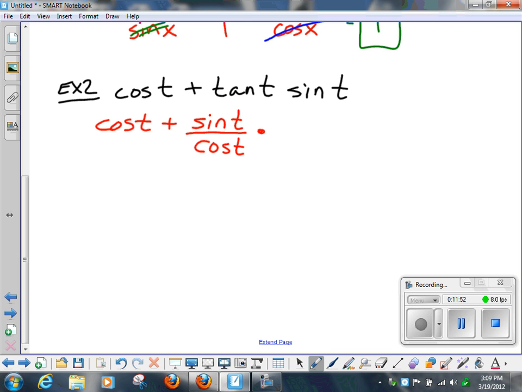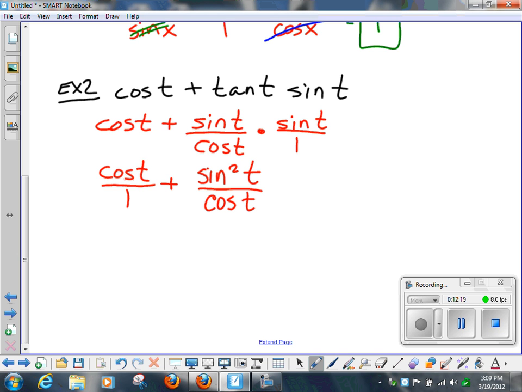I have to leave it, but I am going to put it over 1, because I've got to multiply them together. I'm going to leave it cosine over 1. What's sine times sine? Sine squared. Good. Sine squared t over cosine t.